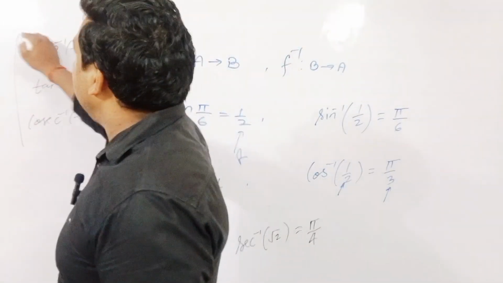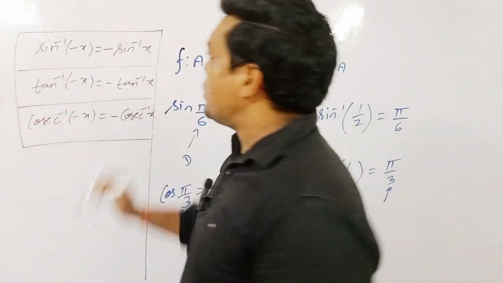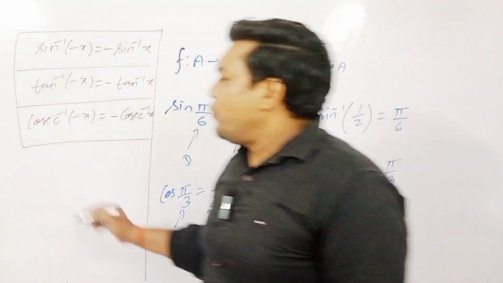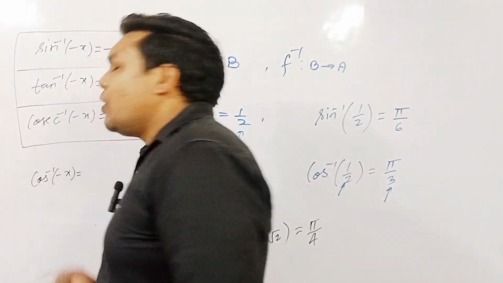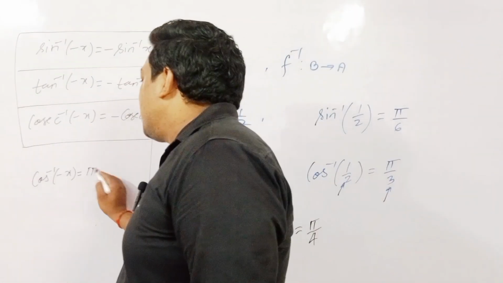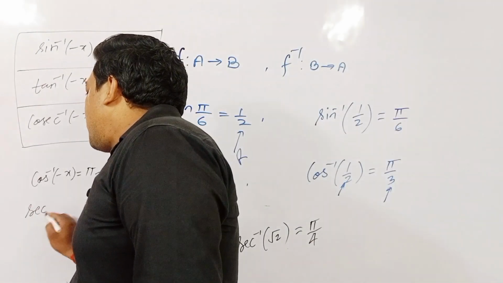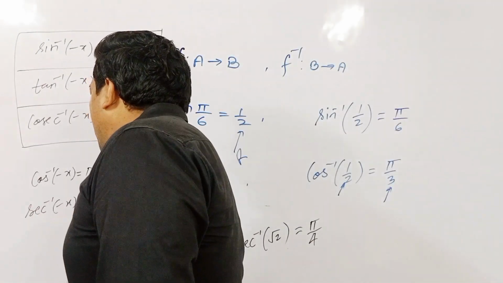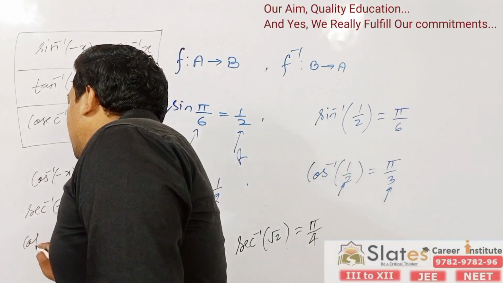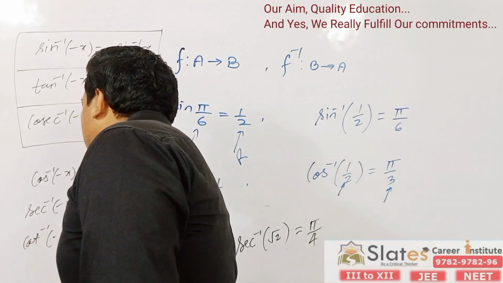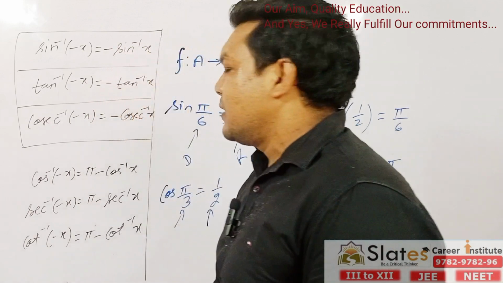These are the rules for these trigonometric functions. For cos inverse of minus x, it is pi minus cos inverse x. For sec inverse of minus x, it is pi minus sec inverse x, and for cot inverse of minus x, it is pi minus cot inverse x.